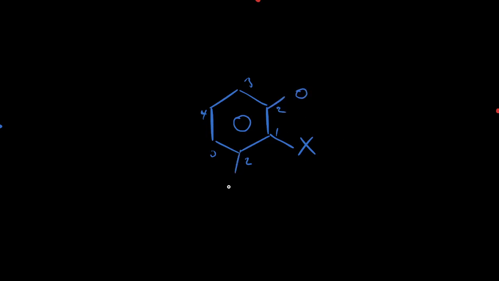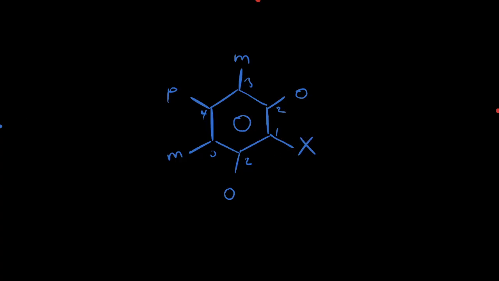So this is our ortho position for this ring. Here will be our meta position. And here is our para, the one directly opposite to the carbon containing the substituent. So you can see that these positions are not something that is fixed in space necessarily. They're going to vary based on the location of our carbon containing substituent.